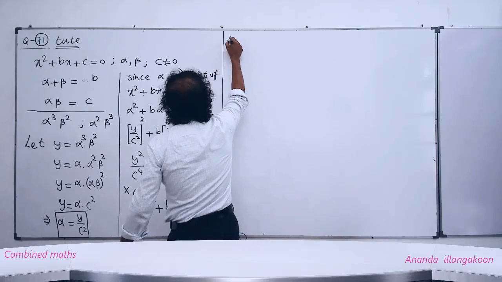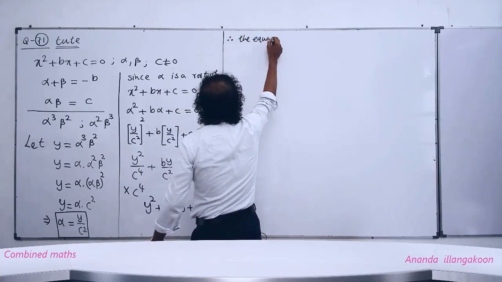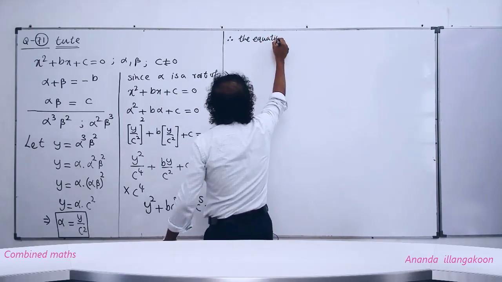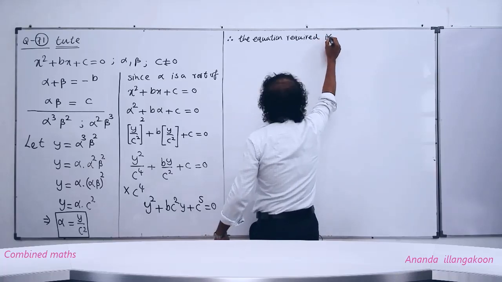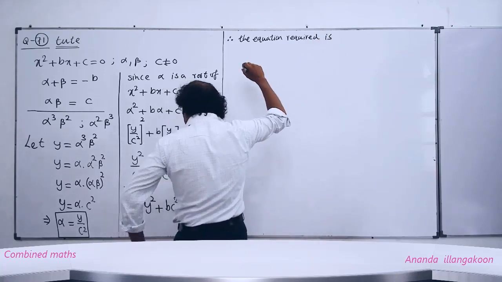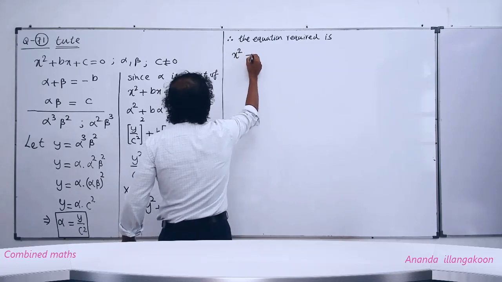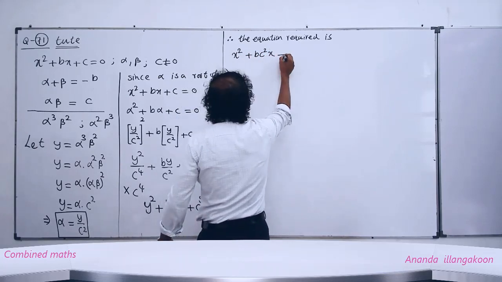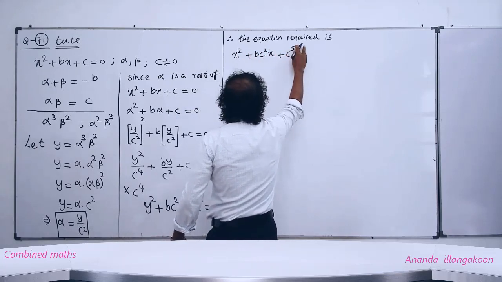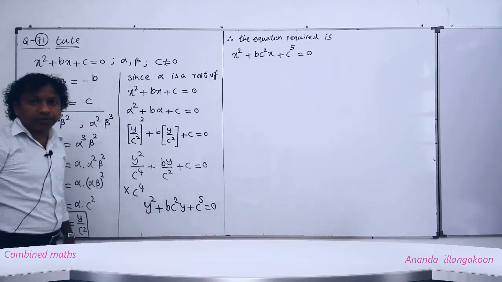Therefore, the equation required is, for this y: x squared plus bc squared x plus c to the power 5 equals 0. Right. Okay, people.